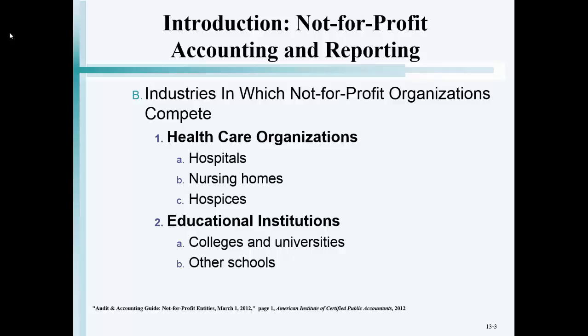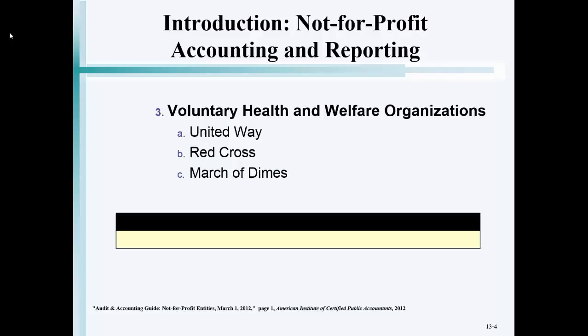Then there is a catch-all category they call voluntary health and welfare organizations. United Way is a classic example. March of Dimes, Red Cross, and Planned Parenthood, as somebody mentioned, are examples of voluntary health and welfare organizations. So it's a catch-all category for a vast number. Most of the not-for-profits fall under this category.